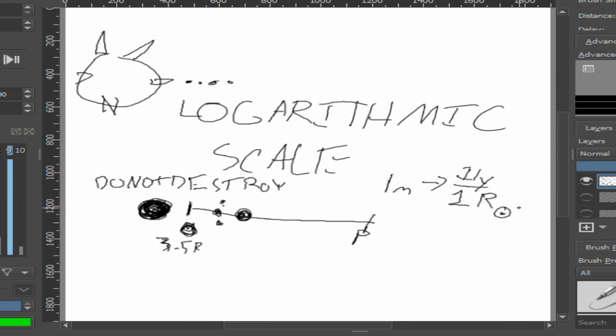But now 1 meter is 1 Earth. Oh, I messed that up. 1 Earth radius.